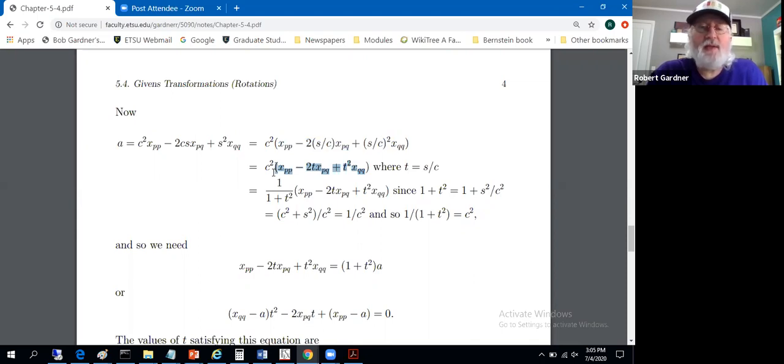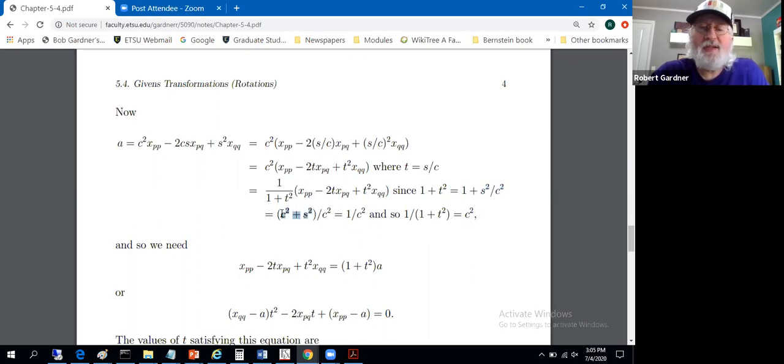Let's see if we can get rid of the C squared as well, or just write it in a different form. We had T equals S over C, so 1 plus T squared equals 1 plus S squared over C squared. Get a common denominator on this last little piece, which gives you C squared plus S squared over C squared.